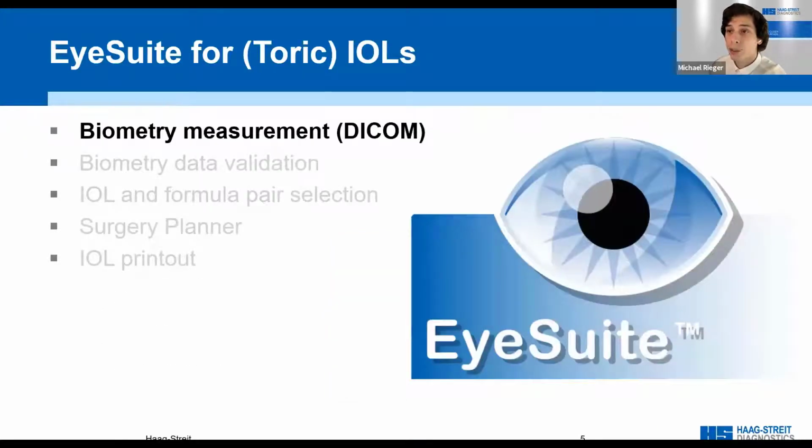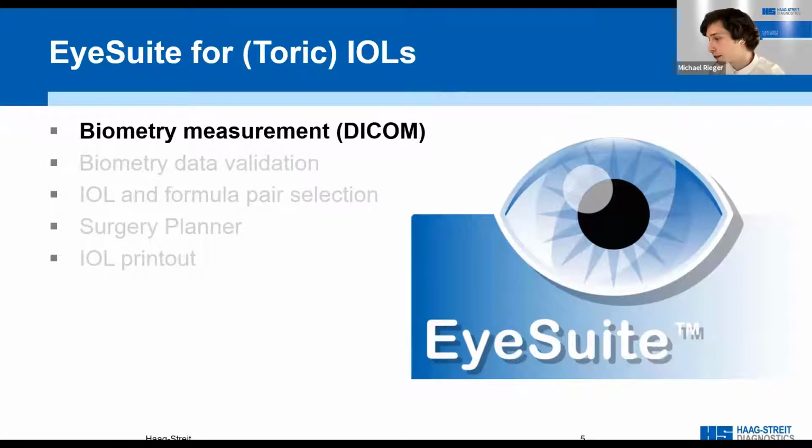Now, I will present you how the workflow of iSuite looks like that provides the user the features he needs for calculating toric IOLs. As a first point, we have biometry measurements itself. As we have seen in previous webinars on best practice when it comes to biometry measurements with our optical biometers, I won't go into details here.